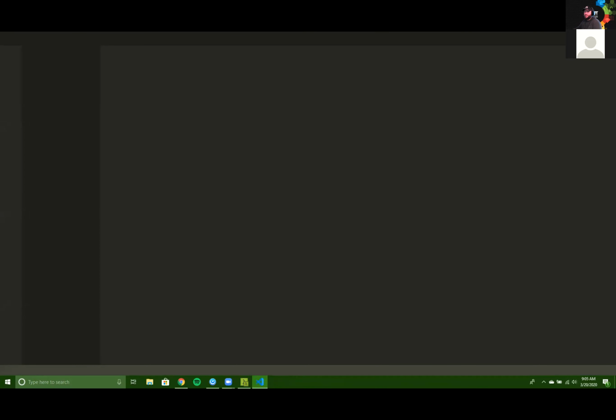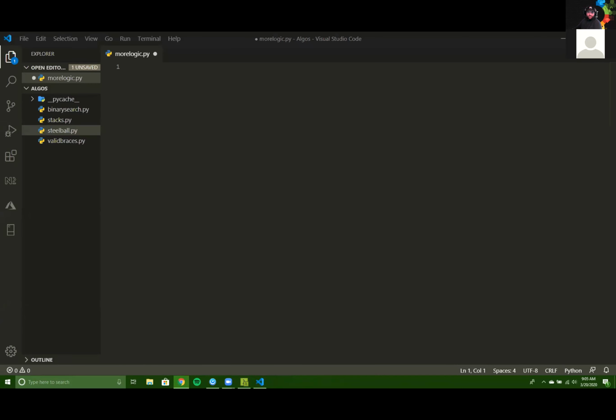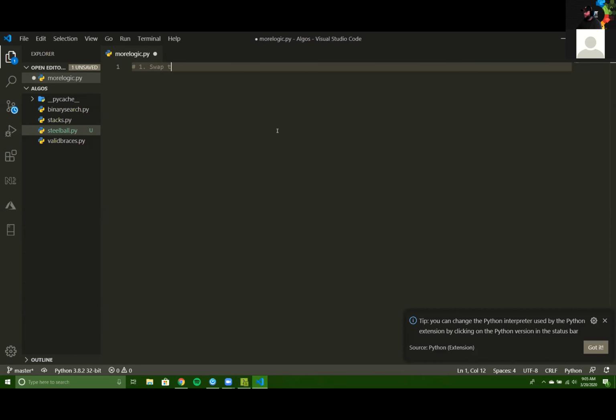All right. So we've got a couple challengey algos for you. One, what was it? Swap two numbers without using a third variable.